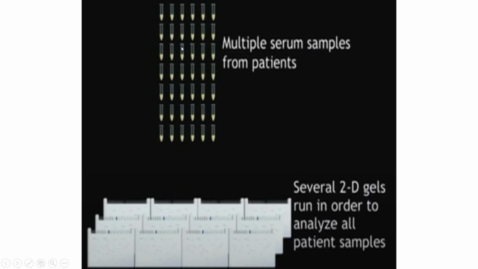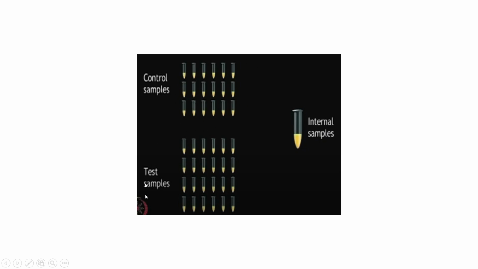Once you do that, all the samples will be run on the gel. Several 2D gels will be run in order to analyze all the patient samples. These are different patients. Certain are control patients, certain are test patients, basically they might have a certain disease, whatever we are trying to predict.